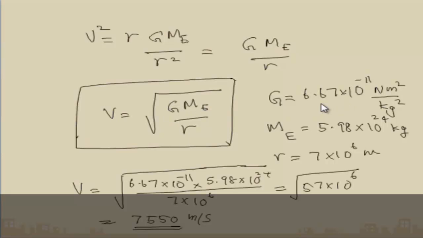G equals 6.67 times 10 to the negative 11 newton meter squared per kilogram squared, and the mass of the Earth is 5.98 times 10 to the 24 kilograms. The radius is 7 times 10 to the 6 meters. So by plugging in those values, we get v equals 7,550 meters per second.